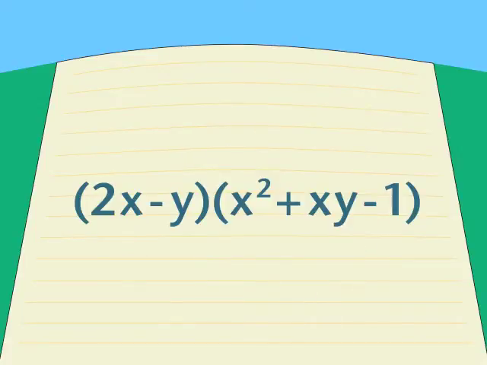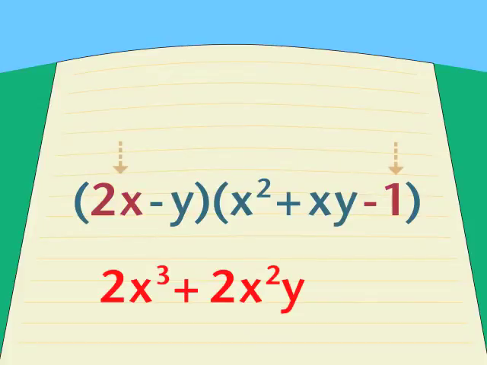Did you use steps something like these? I started with the first term, multiplying 2x by every term in the second brackets. Use the exponent rules and watch the signs carefully. That gives me half the answer, 3 terms.